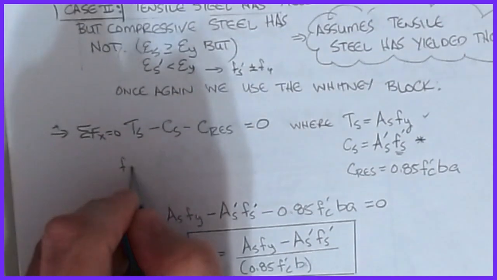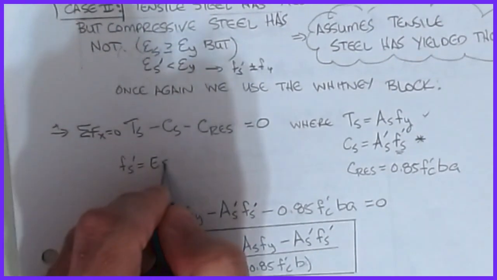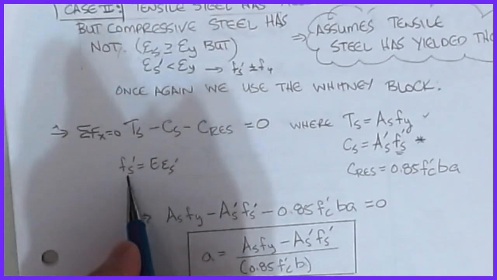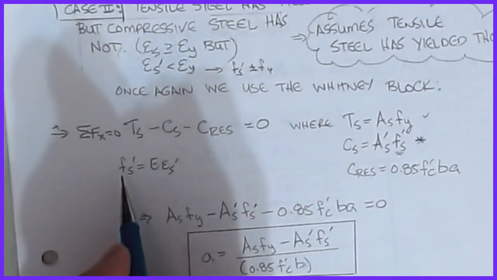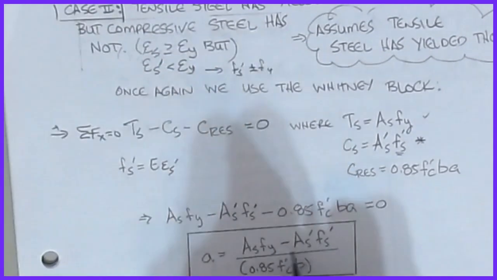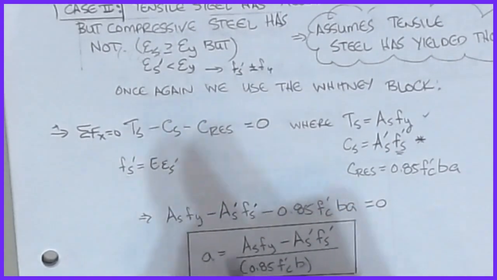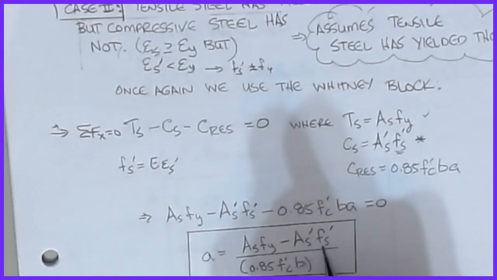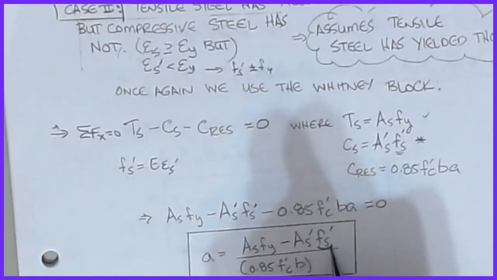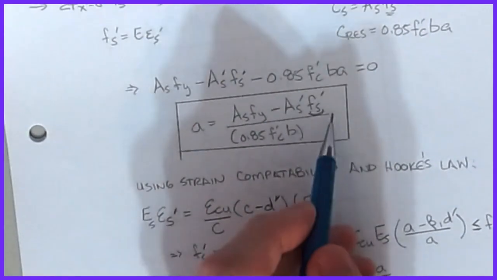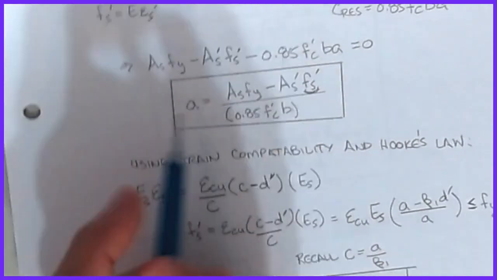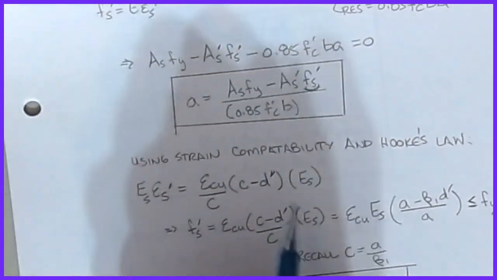Recognize that Fs prime we said was E times epsilon s prime. Once I find the strain, I can calculate the stress. Where before A was AsFy minus As prime Fy, the only thing that's changed is the Fs prime value. Depending on its value, that will set my A. We'll calculate our A, and then come back around and start to check.